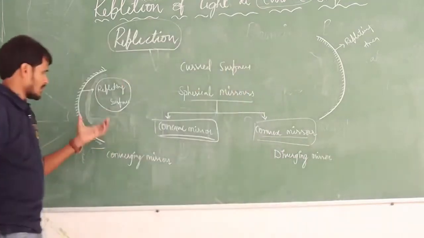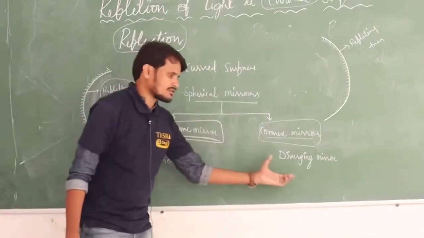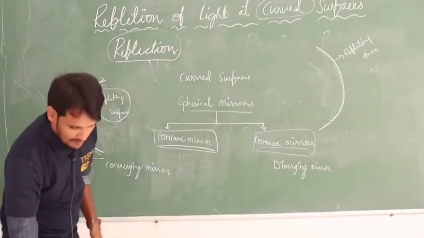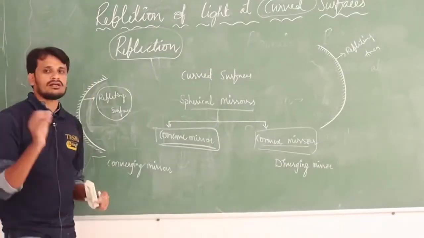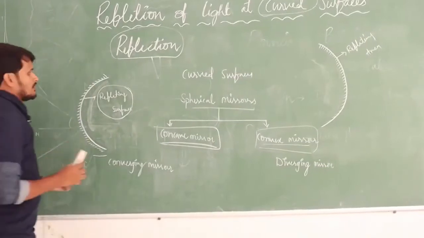So concave is called converging, convex is called diverging. Why are we calling them converging and diverging mirrors? Let us see that.